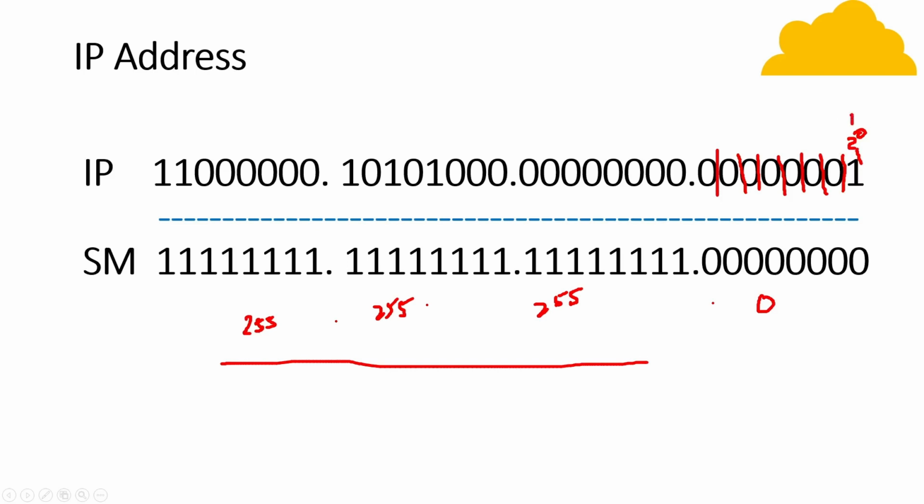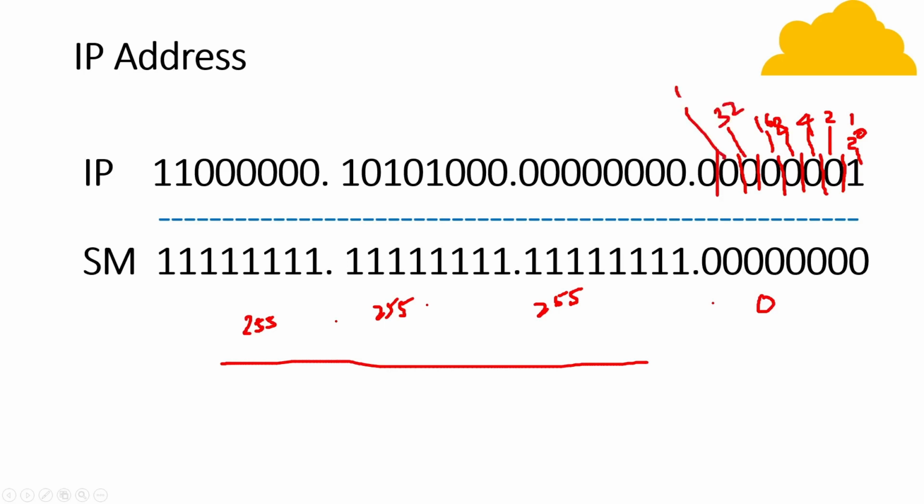It will be 1. Then I have to use 2 to the power of 1, which will be 2. For this bit, it will be 4. For this bit, it will be 8. For this bit, it will be 16. For this bit, it will be 32.